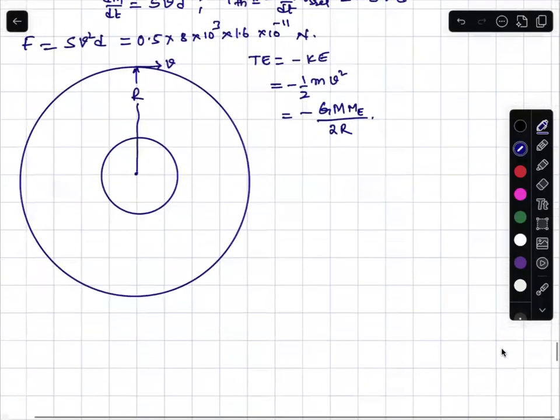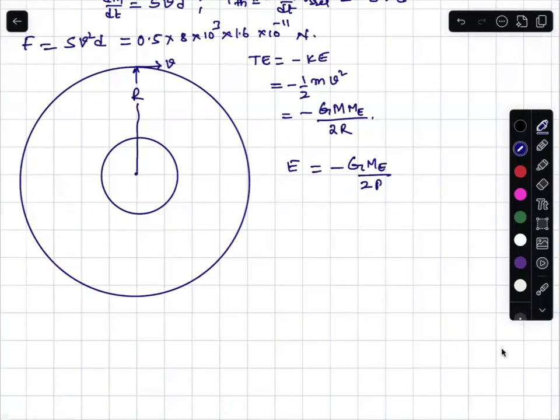Now the question is, if I take total energy in potential energy terminology, minus G ME by 2R times capital M. So delta E refers to what here? G, M, ME, and at that instant slightly changing is the radius term.